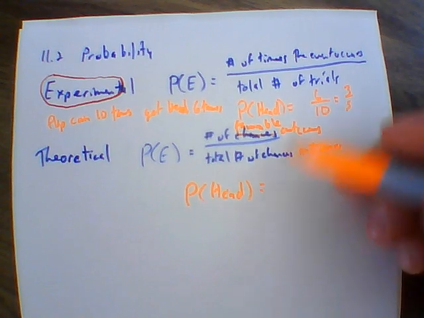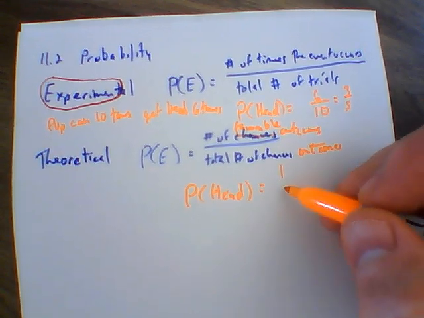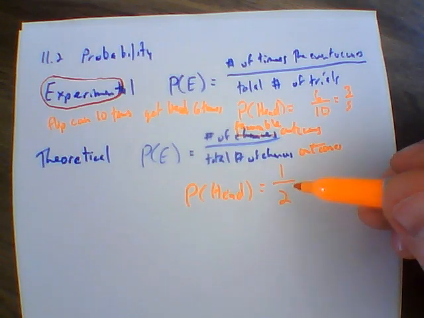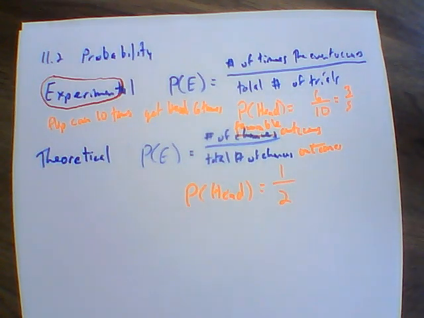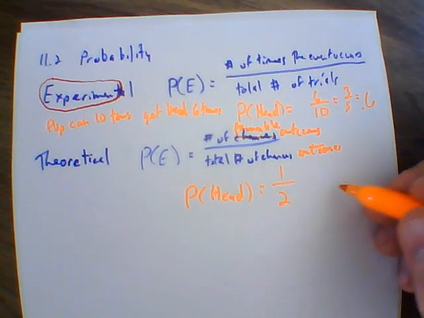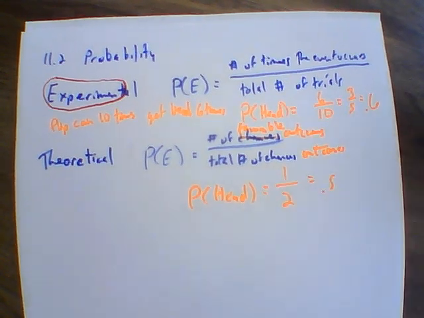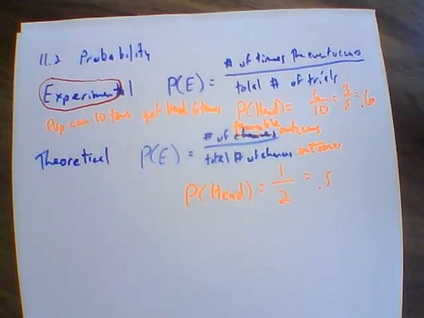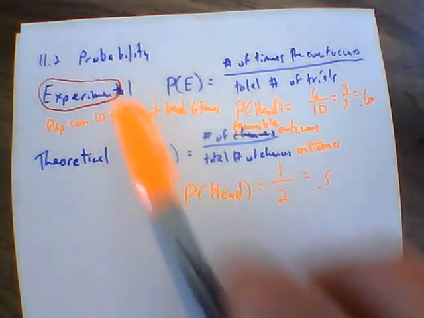So when we talk about a head, there is one head on a coin out of 2 outcomes. This is where we can get some discrepancies: we could say this is a 0.6 probability, but here it's a 0.5 probability. So things might not seem the same because of that experiment that goes into this.